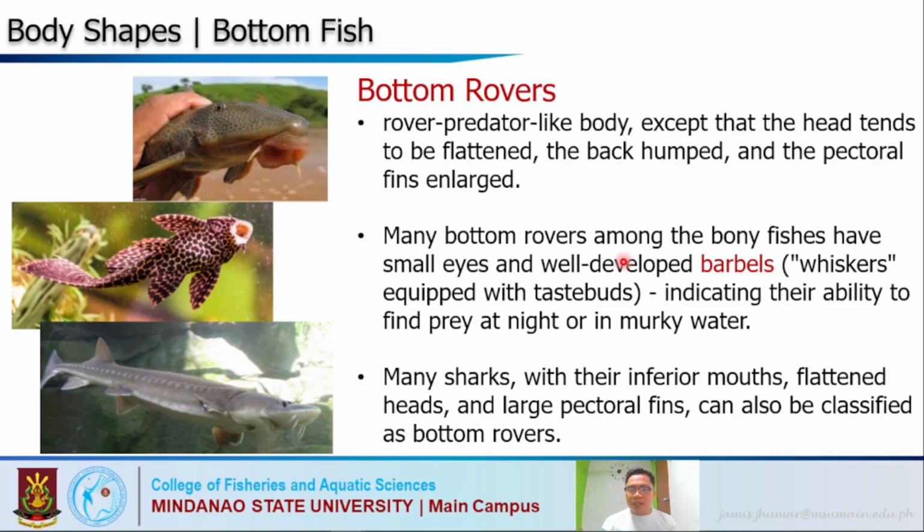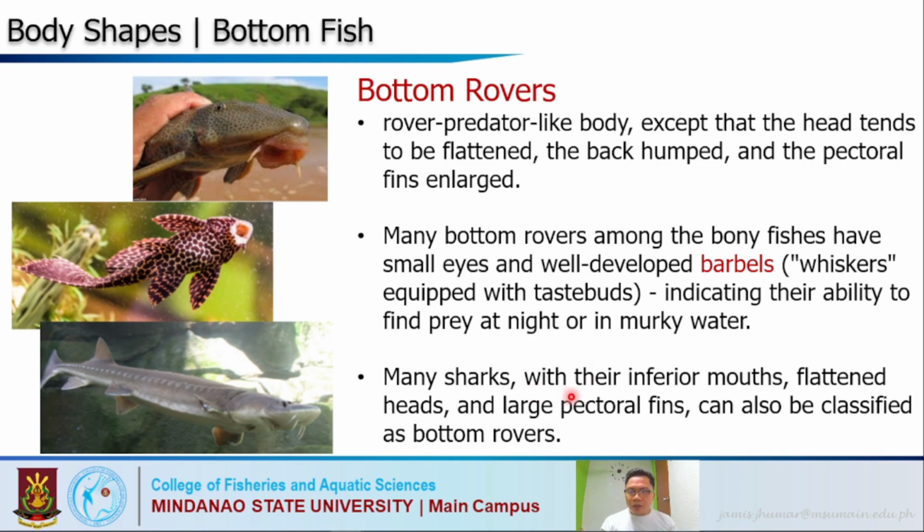Many bottom rovers among the bony fishes have small eyes and well-developed barbels or whiskers equipped with taste buds. So as you can see here, this is a sturgeon having a barbel, and this is perhaps a catfish having a barbel. So these barbels do have taste buds, indicating their ability to find prey at night or in murky water.